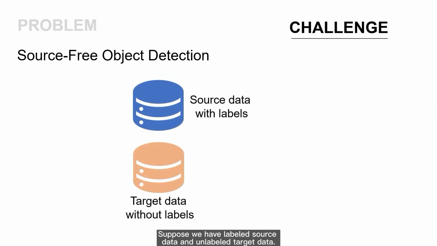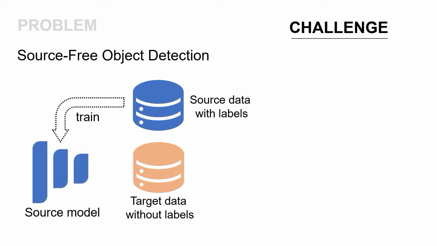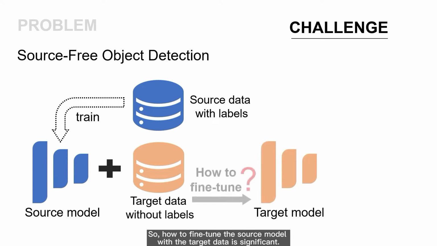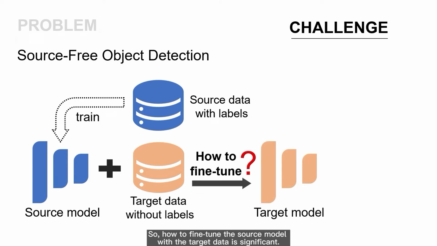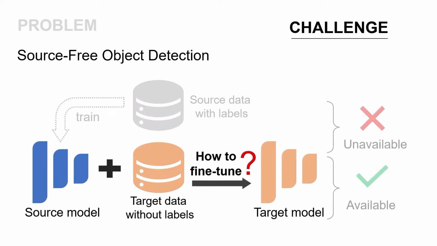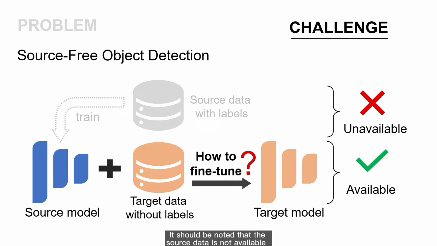Suppose we have labeled source data and unlabeled target data, then we train a source model. So how to fine-tune the source model with the target data is significant. It should be noted that the source data is not available due to data privacy or data transmission.